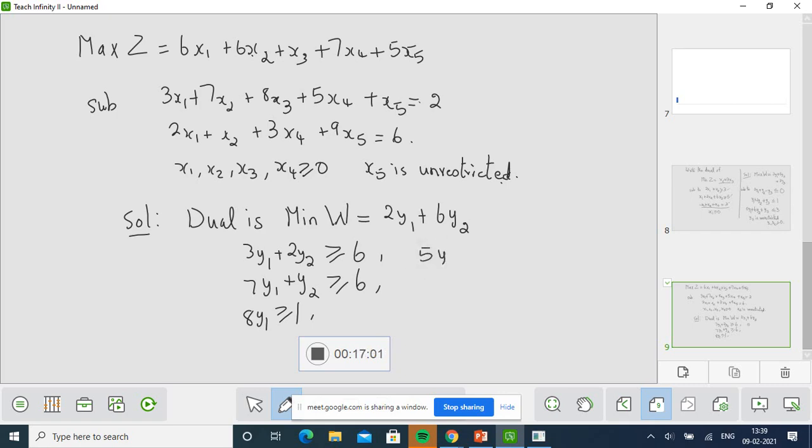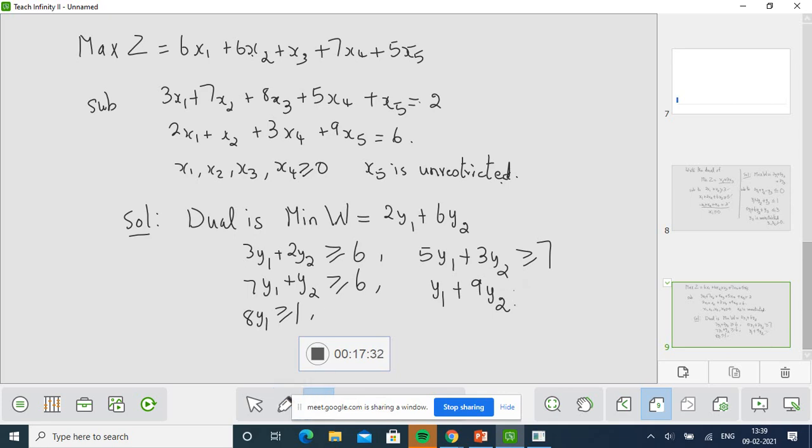So 5y1 plus 3y2 is greater than or equal to 7, the coefficient of x4. Then come to x5. The coefficient of x5 in the first constraint is 1, so 1 into y1. The coefficient in the second constraint is 9, so plus 9 into y2.